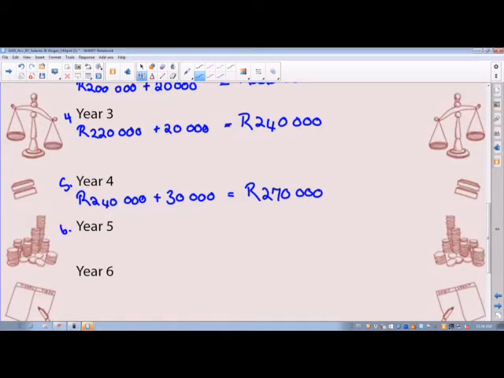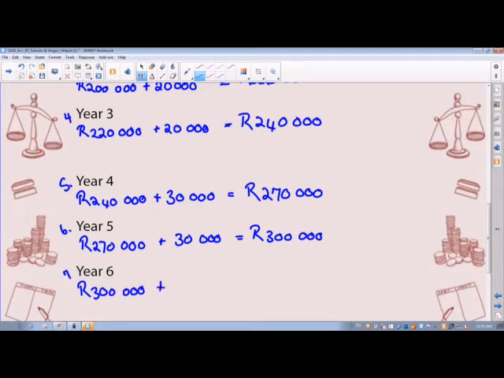What will we do in year 6? Year 6, we need to take year 5 salary, which is 270. So we take 270,000. What do we do? We add 30,000, and then you will get 300,000 Rand for year 6. And then year 7, we need to take again year 6 salary, which is 300,000.